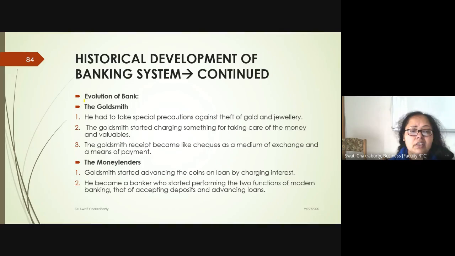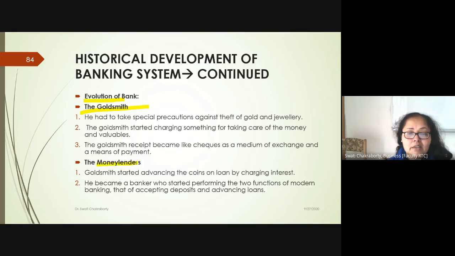Then, when we talk of the evolution of the bank, we have the goldsmith. The goldsmith takes special precautions against theft of gold and jewelry. In return, the goldsmith starts charging something for taking care of the money and the valuables, right? The goldsmith's receipts became like checks, a medium of exchange and a means of payment.